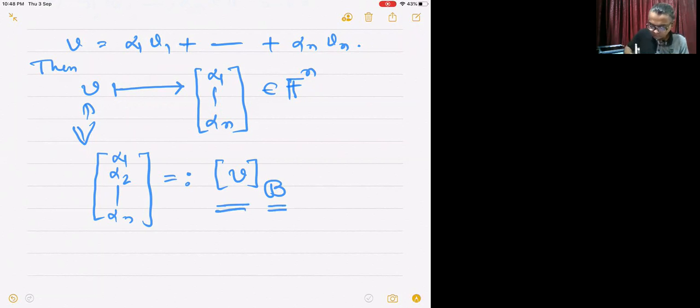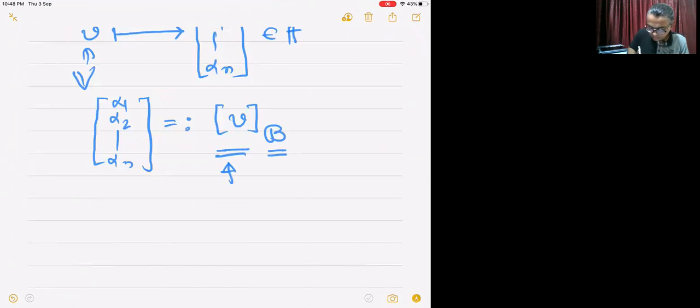So let me write this out. This is pronounced as the representation of v under the ordered basis, that is B. This is going to be immensely important for us throughout the course.